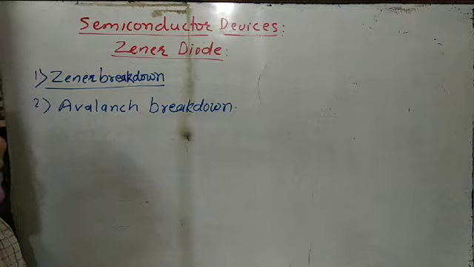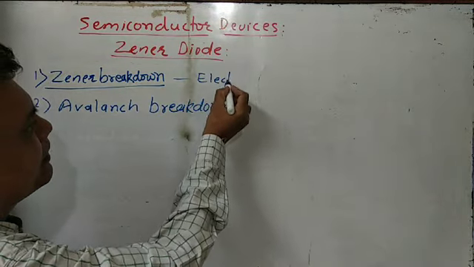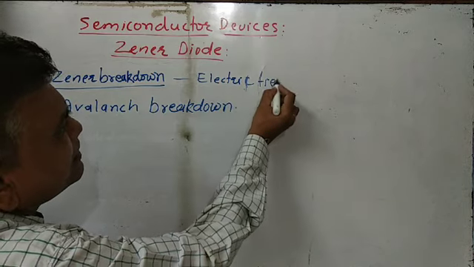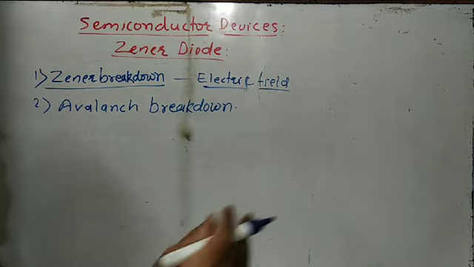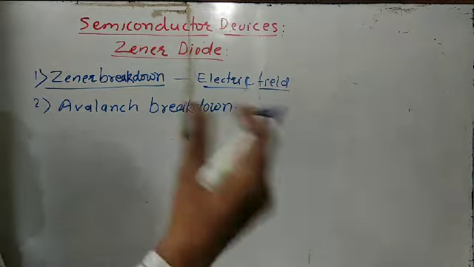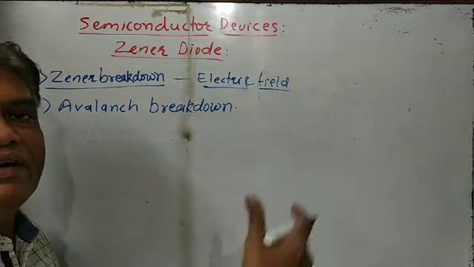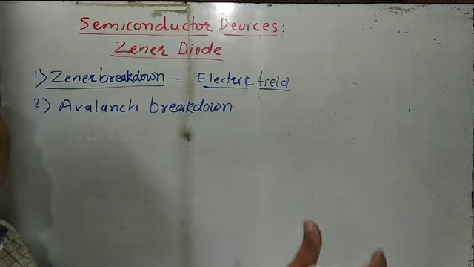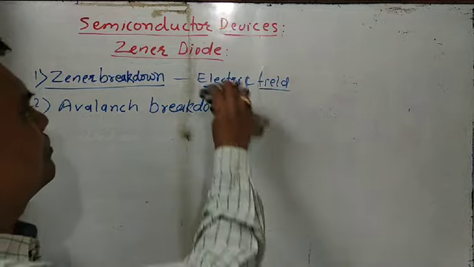The main difference is that Zener breakdown is due to the electric field, and this electric field exerts a force on the electron and ejects it from the covalent bond. In this way, as the reverse bias voltage increases, the current increases, and at a particular voltage the current is maximum. That is called Zener breakdown.